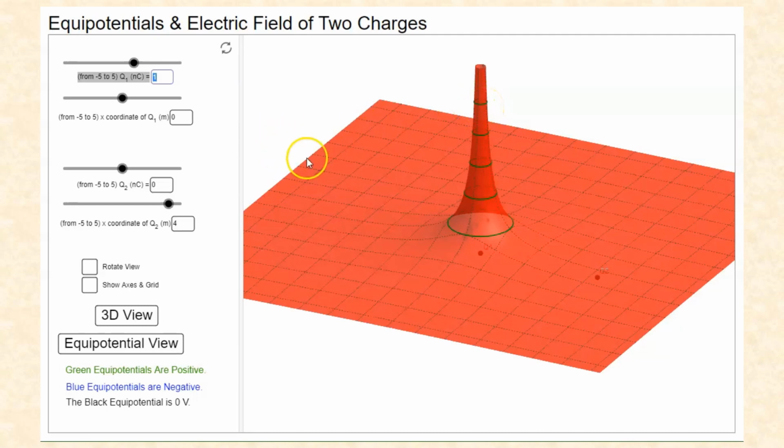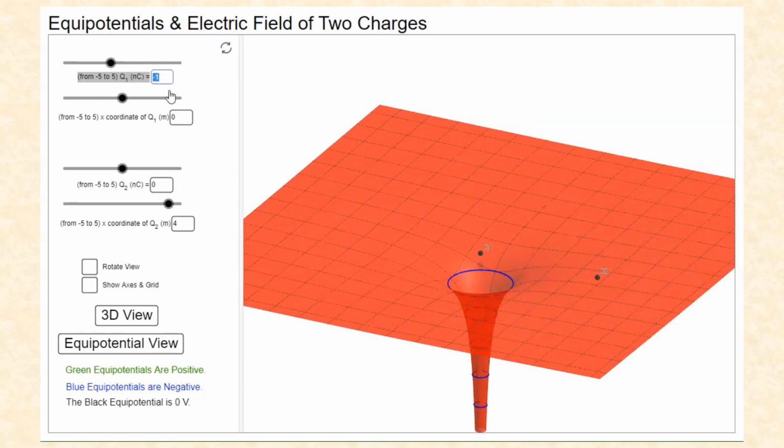Let's now change the sign of the charge from positive to negative. We'll go from positive 1 nanocoulomb to negative 1 nanocoulomb, and let's see what effect that has on the electric potential. Now you can see that the electric potential is negative, and this is why we can think of the electric potential as representing a hole in this two-dimensional space.